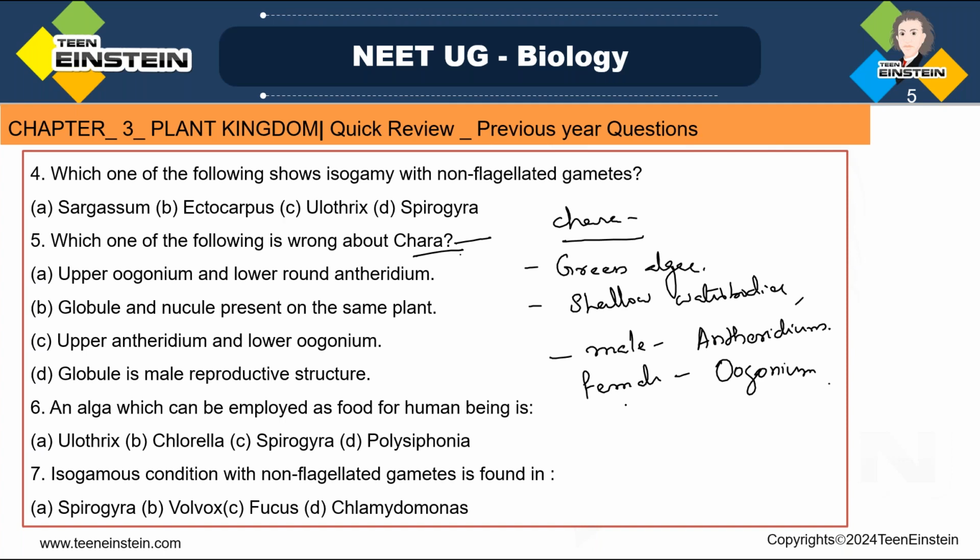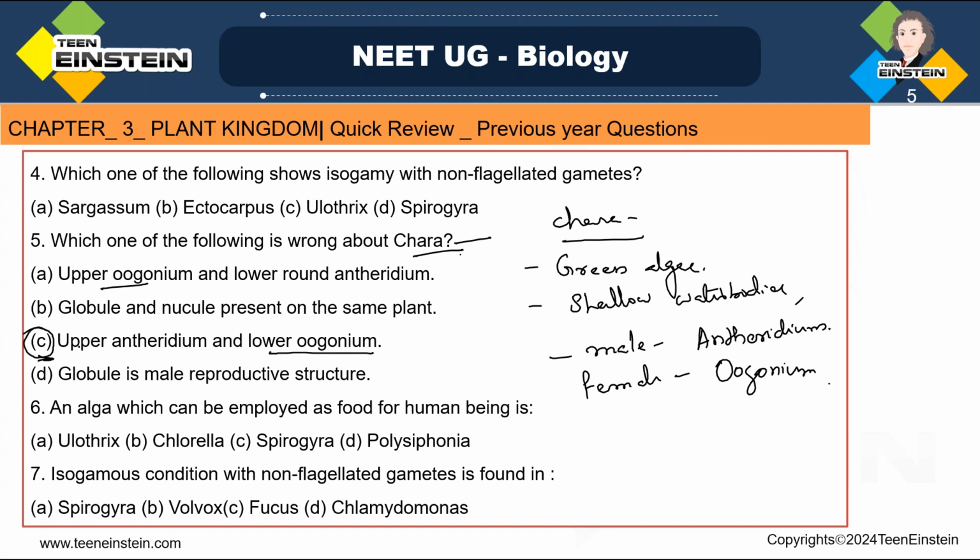Here there are statements about this antheridium and oogonium, right? So oogonium is borne at the top of that four-celled filament. Oogonium is the upper one, right? So the wrong answer is option C, because here they have mentioned lower oogonium.